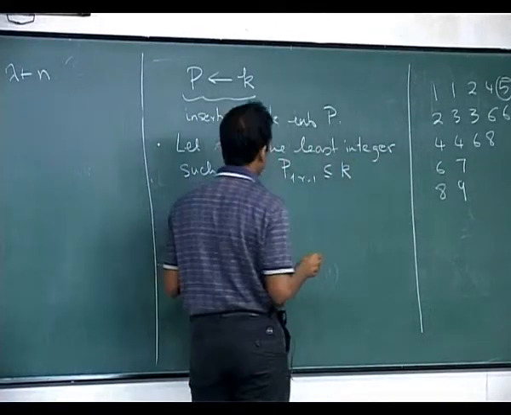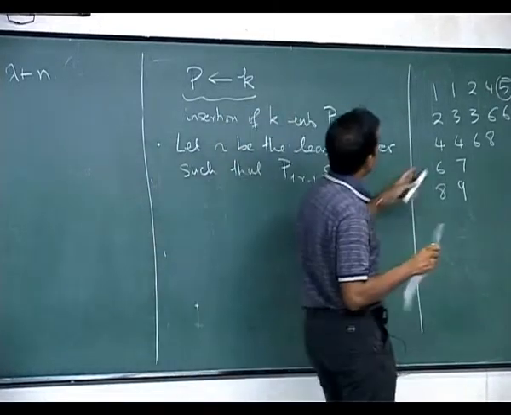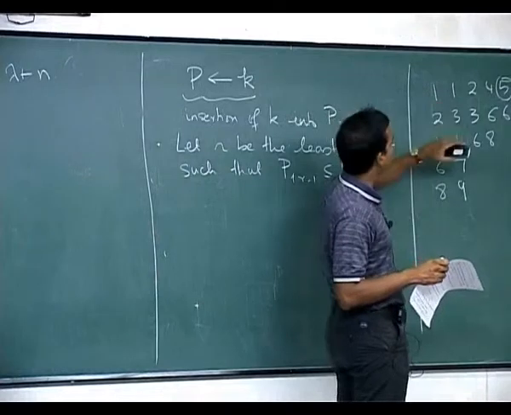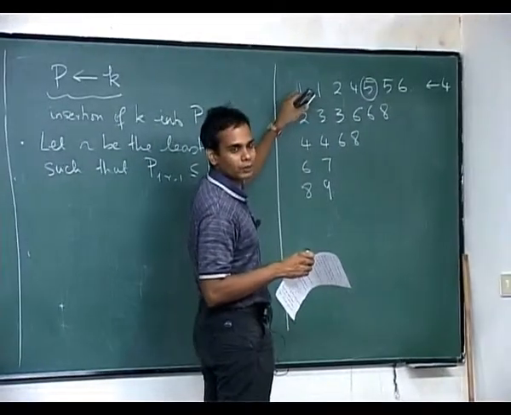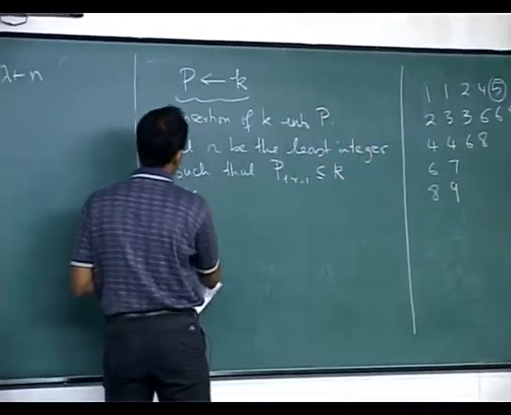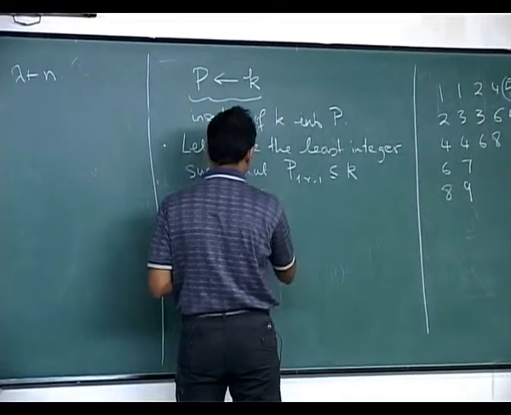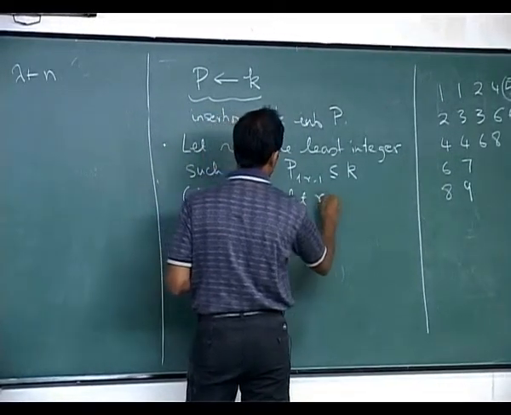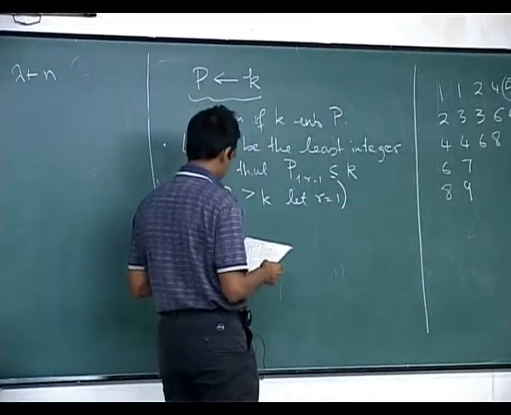If all the entries are greater than k, so if even P_{11} were greater than k, then I would simply replace the first entry with 4. So I would set r equal to 1. Now there are two possibilities.